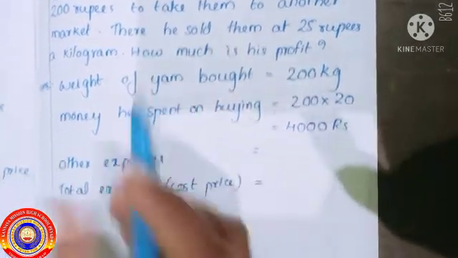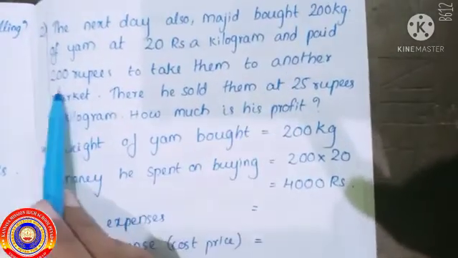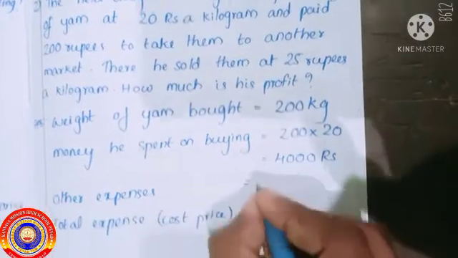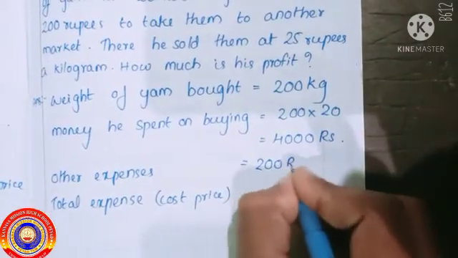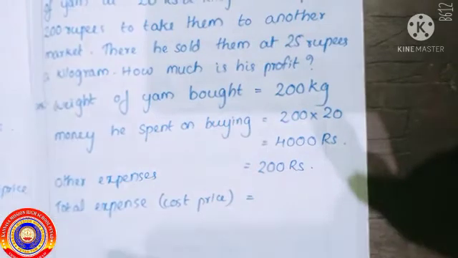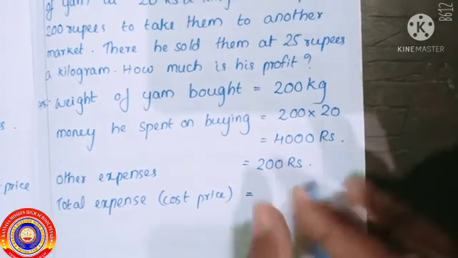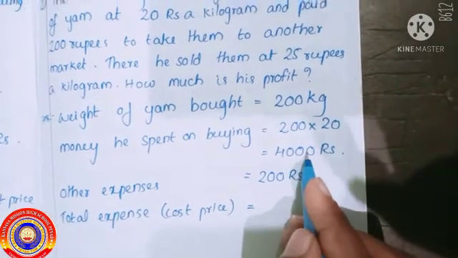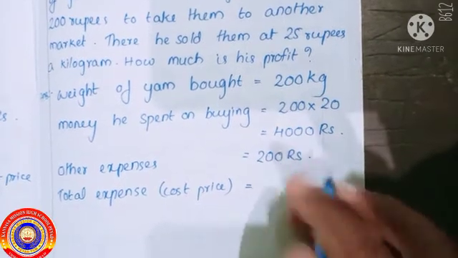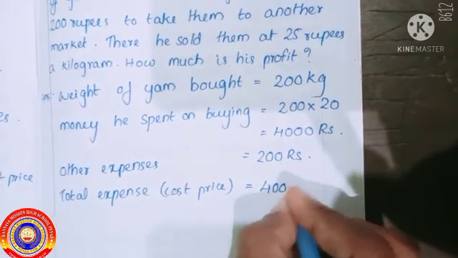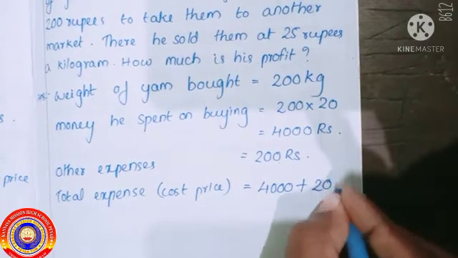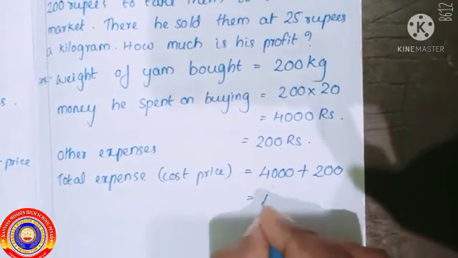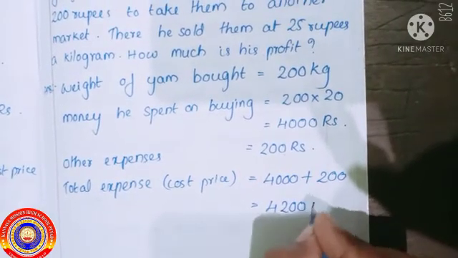And here he had spent 200 rupees to take the yam to another market, that is other expense. Other expense is equal to 200 rupees. So the total expense or cost price is equal to 4,000 plus 200, which is equal to 4,200 rupees.